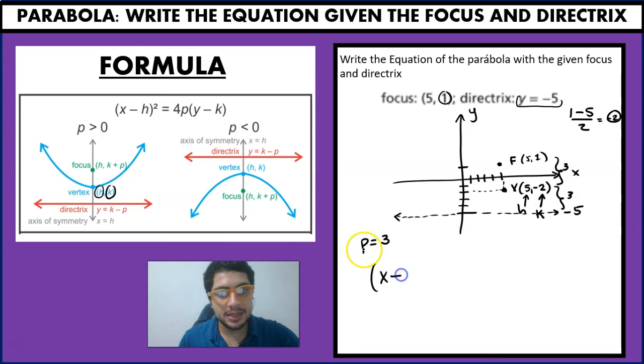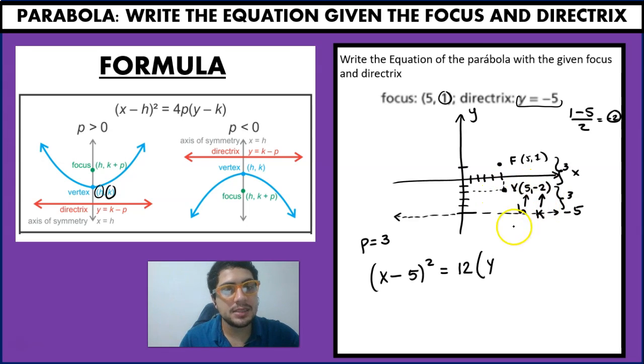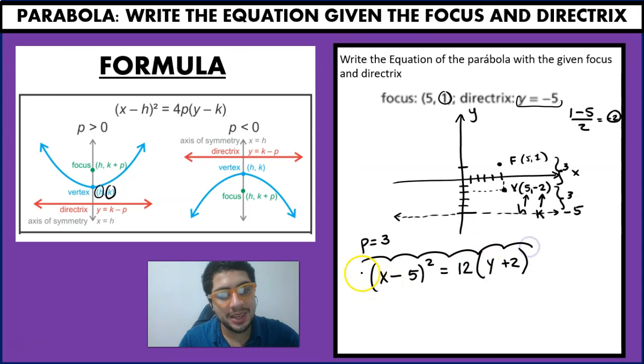So (x minus h) is (x minus 5) to the power of 2 is equal to 4 times p, so 4 times 3, which is going to be 12 times (y minus k). So y, in this case, is going to be y, because we have to leave it expressed. And then our value of k is minus 2, so plus 2. And there you have it, guys. That is going to be the formula of the parabola.